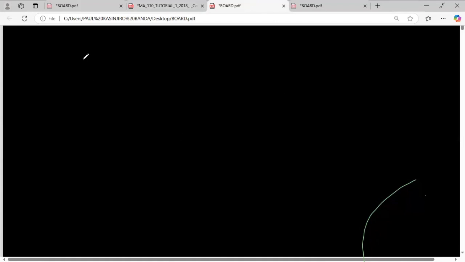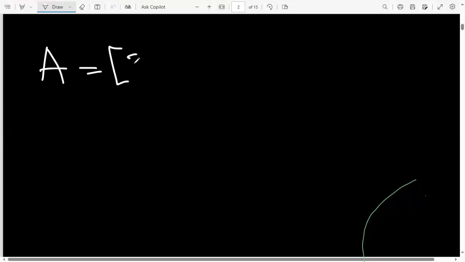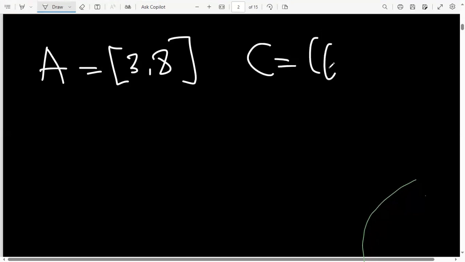If we put it on our board here, we have A, which is given by 3 comma 8. And then C, we were given that it was 6 all the way to what? To positive infinity. So how can we find the union of A union C? Okay, so it's simple, guys.